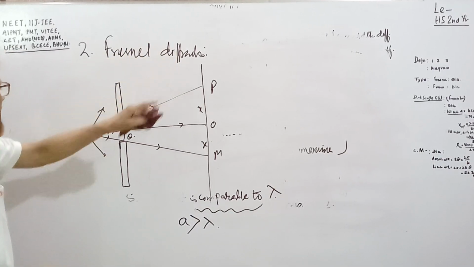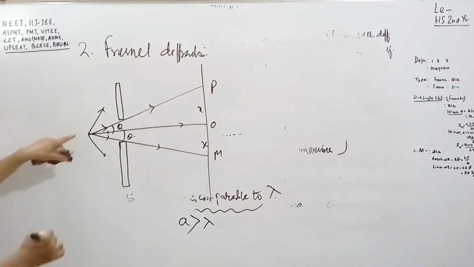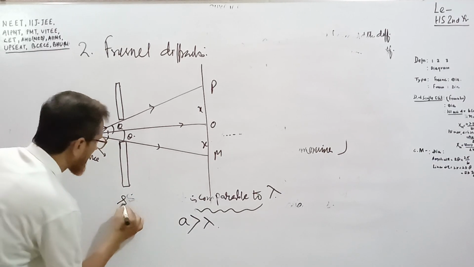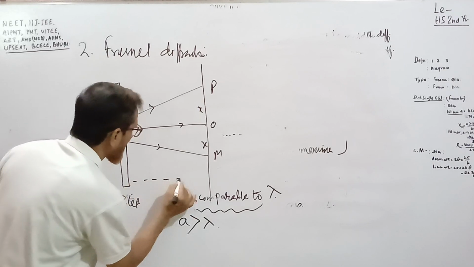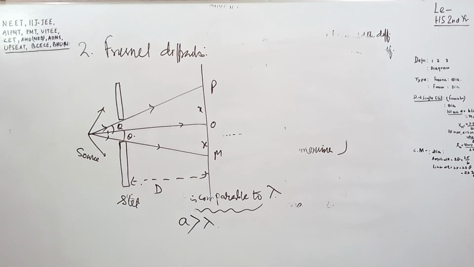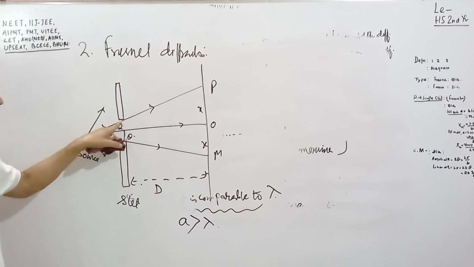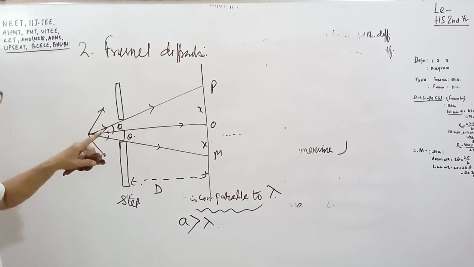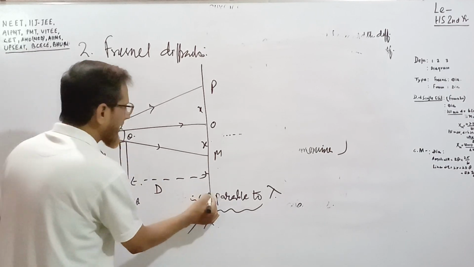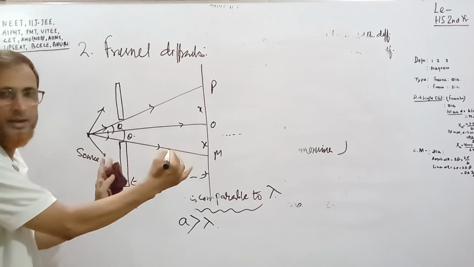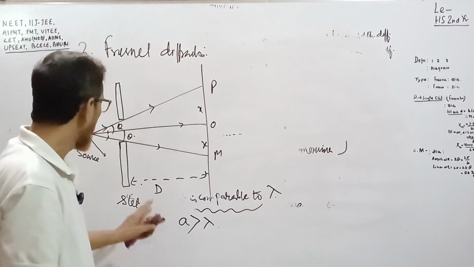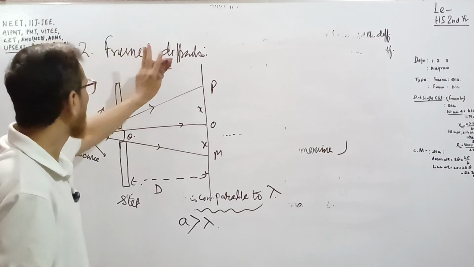Fresnel diffraction: in Fresnel diffraction we have seen there is a source and a slit, and the distance between the slit and source is d. So the condition is that the source and the screen are at a definite, fixed distance apart. So this is Fresnel diffraction.